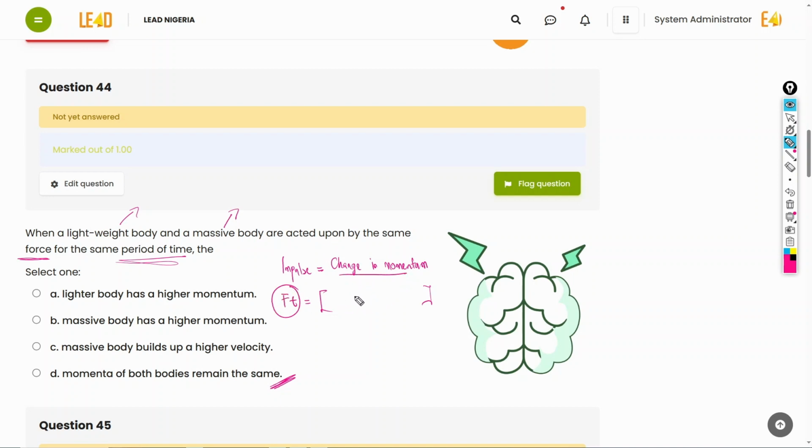The one with the lighter mass, with a small mass, would definitely receive a higher velocity, but the one with the big mass would receive a smaller velocity. But at the end of the day, their momentum, when you multiply it, would be the same. All right, so the correct answer is D. Momenta of both bodies would be the same.